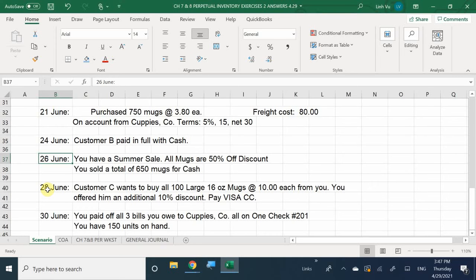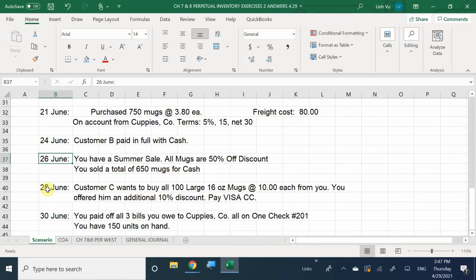So we decided to have a summer blowout sale. All mugs are 50% off. That's a really high discount. But who drinks coffee in summer? I mean, I do, but these are coffee mugs that we're selling. So maybe that's the reason why, because most people won't even use those coffee mugs until towards the winter.